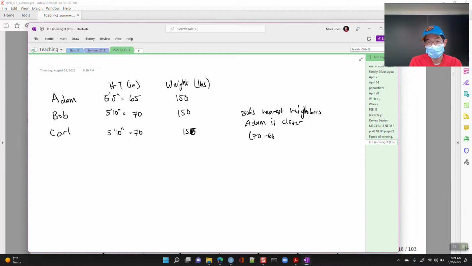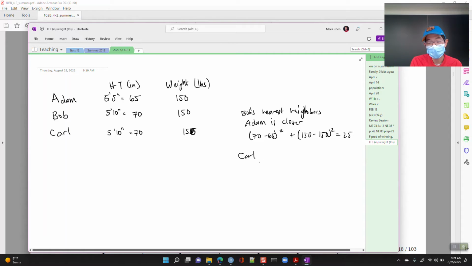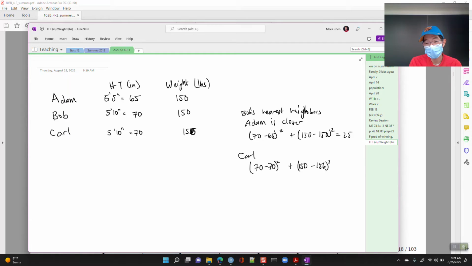We're looking at Bob and comparing to Adam, so 70 minus 65 squared plus 150 minus 150 squared, right? And so this is going to be 25. If we look at Carl, this distance is 70 minus 70 squared, so 0 squared, plus 150 minus 156 squared, okay? 36, all right?